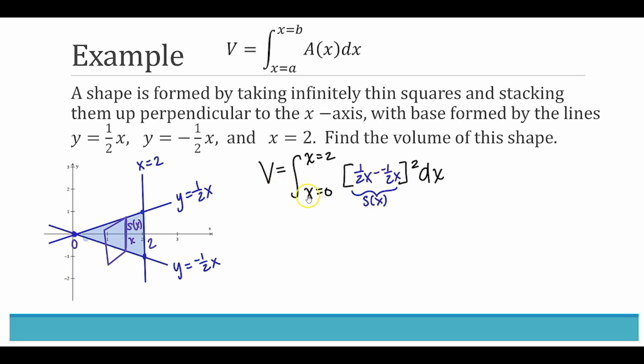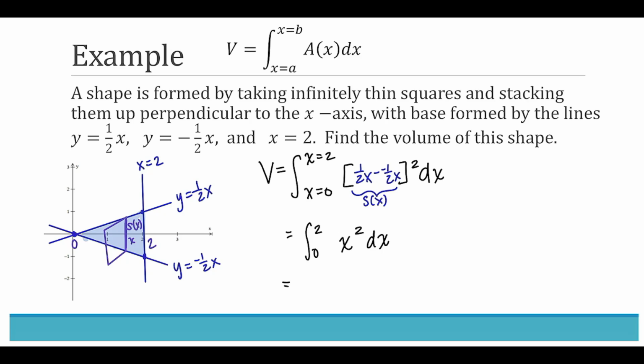So I like to include variables in my limits of integration because I want to make sure that I'm consistent throughout the problem, that I'm using the same variable. So here I have 1/2 x minus negative 1/2 x, which combines to just be x, squared, dx. So the integral that I'm evaluating is simply the integral from 0 to 2 of x squared dx.